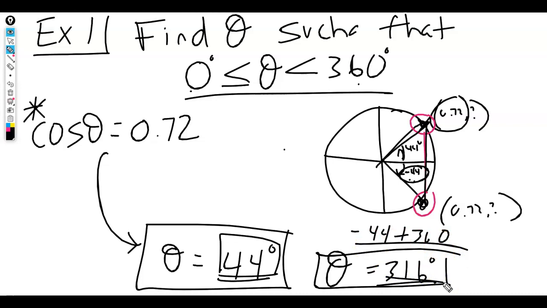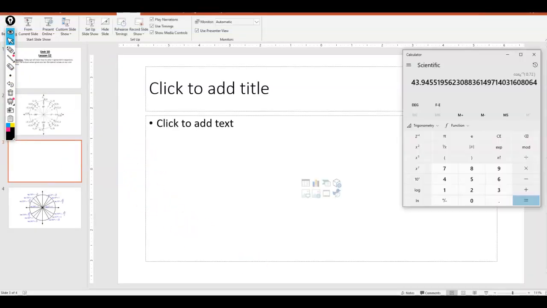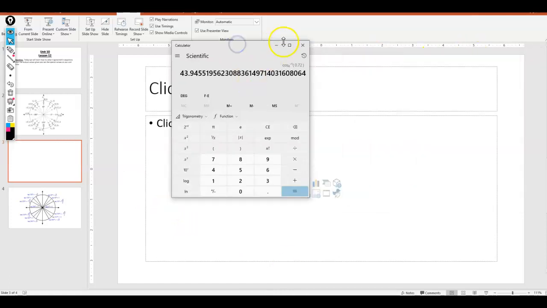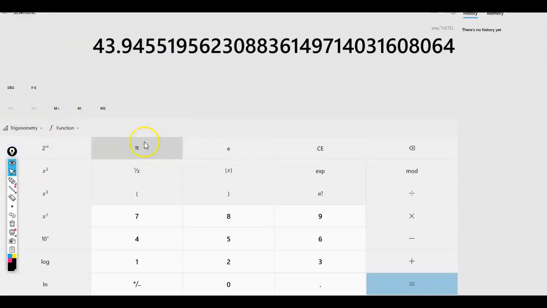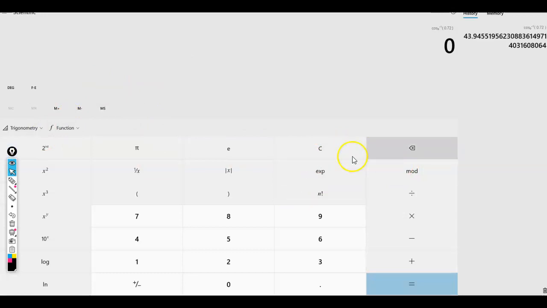There are your two answers. And once again, you guys could get out your calculators here and check your work if you wanted to, just to make sure that you're right. So let me bring up my calculator. Let's see, clear. So let's do 44 cosine.